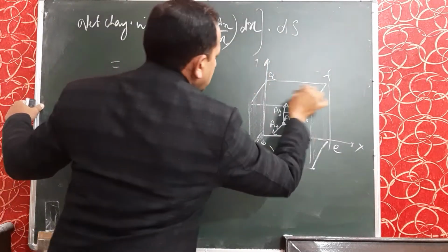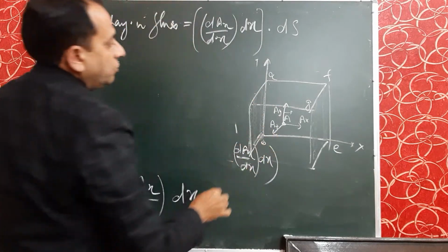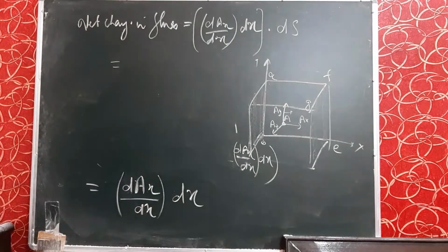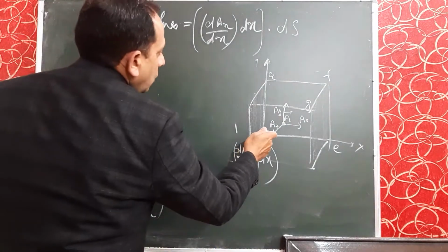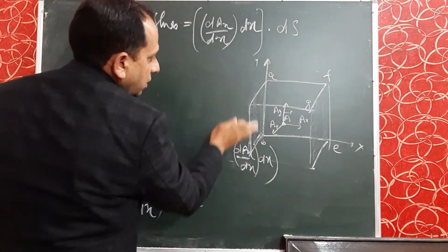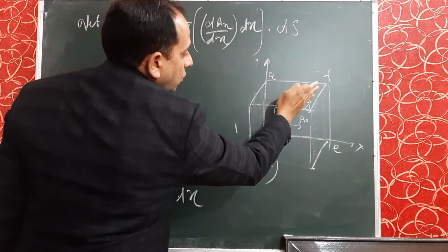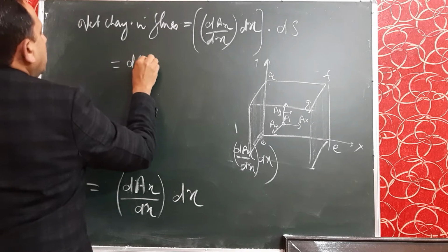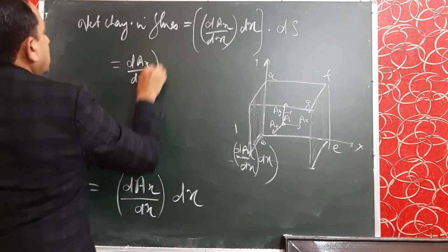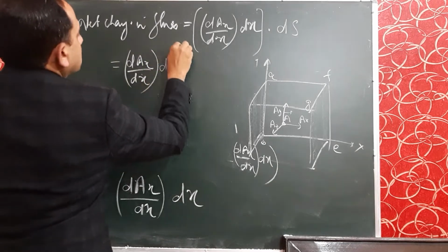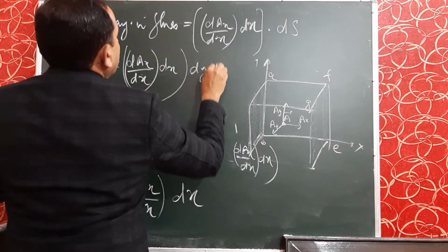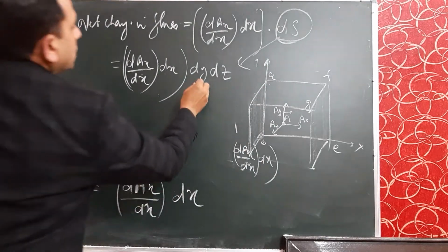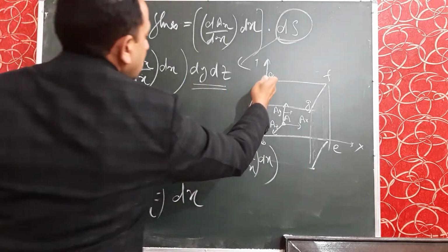So what is the area of these two surfaces? This area consists of the dimensions y-axis and z-axis, because this area is yz. So this becomes yz, and at last it will become dAx upon dx into dx into dy dz, because the value of ds is dy into dz, length into breadth.